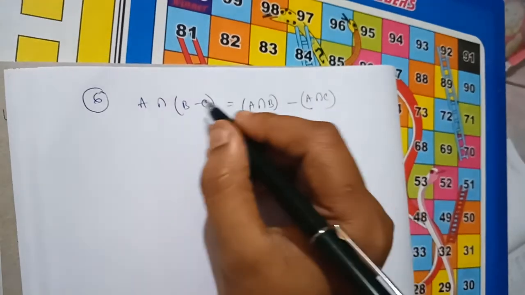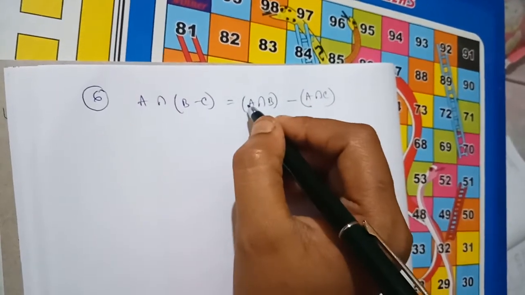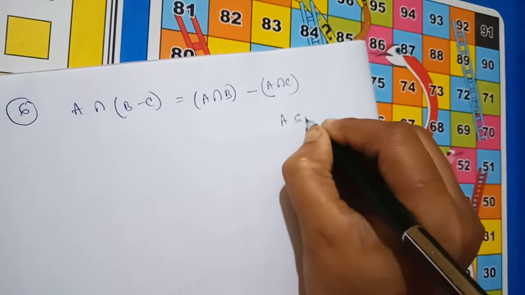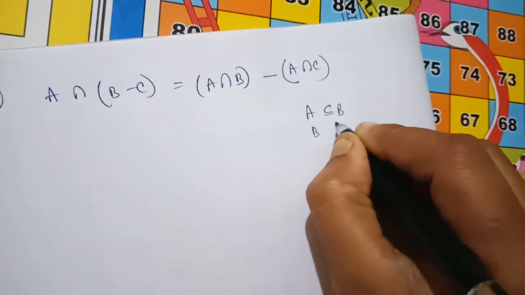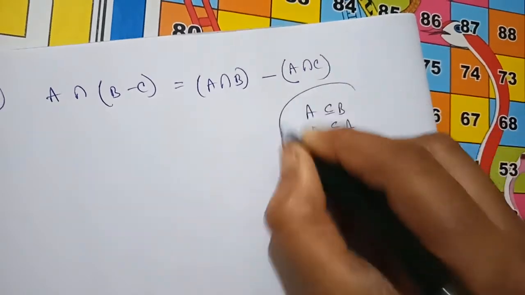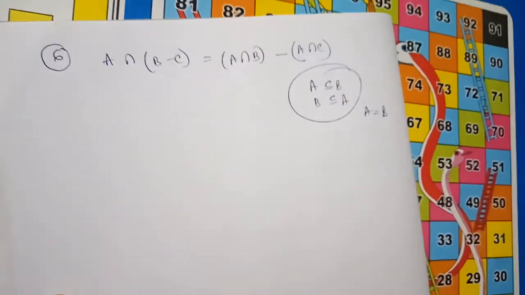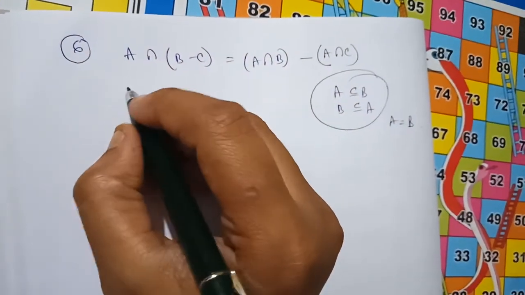If both are subsets of each other, that means they are equal. I mean to say, if A is a subset of B and B is also a subset of A, it means A equals B. Okay, so let's start.